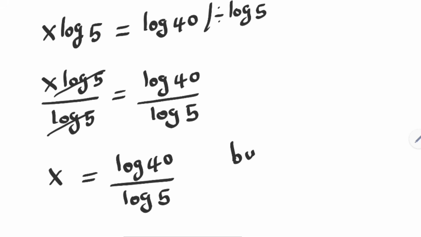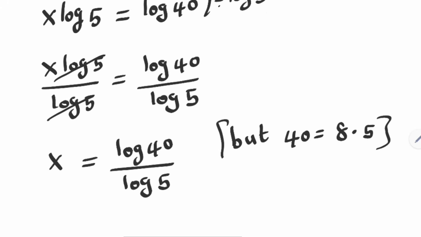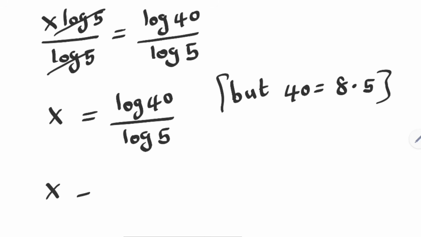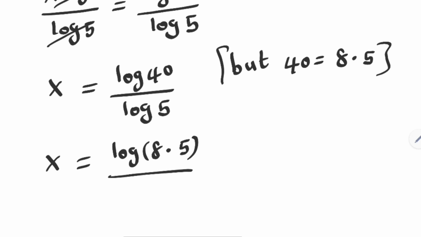But 40 is equal to 8 multiplied by 5. Then x is equal to log 8 multiplied by 5 divided by log 5.